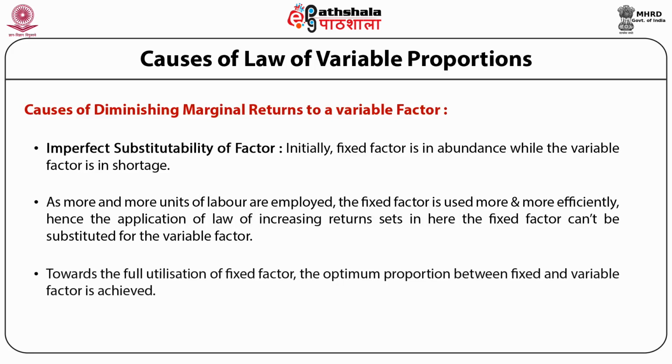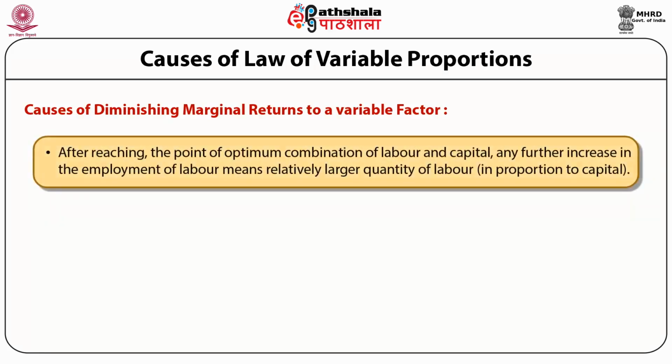Toward the full utilization of fixed factor, the optimum proportion between fixed and variable factor is achieved. After reaching the point of optimum combination of labor and capital, any further increase in the employment of labor means relatively large quantity of labor, that is, in proportion to capital.